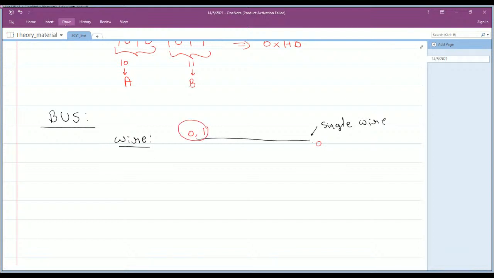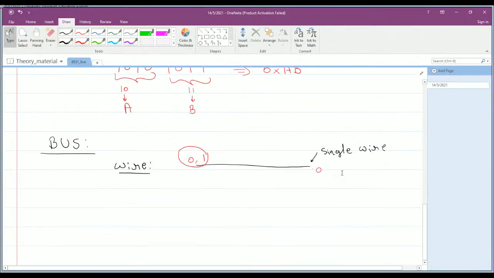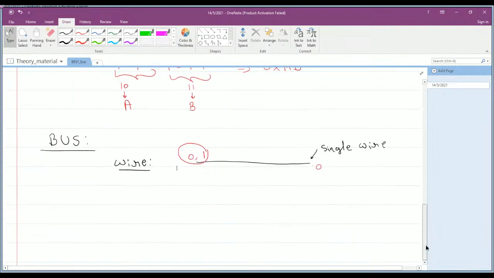Now let's say we increase the number of wires to 2, so now there are two wires.